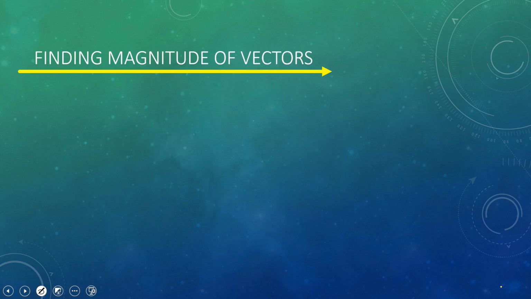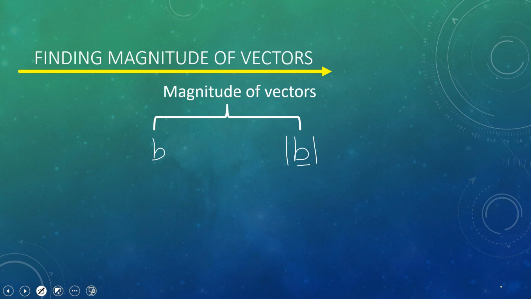Okay? So now, finding the magnitude of vectors. Vectors have directions, but when you find the magnitude of the vector, that's just getting to the scalar form, isn't it? It's basically stripping them of their positive or negative signs. So can you see there's no underline here?